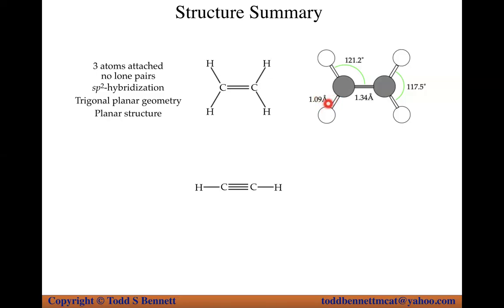So the carbon-hydrogen bond was 1.10 angstroms when it was sp3. Keep in mind sp2 is just a little bit shorter, so the bond length is going to be a little bit shorter. Carbon-carbon bond length in an alkane is about 1.54 angstroms. Here it's about 1.34.